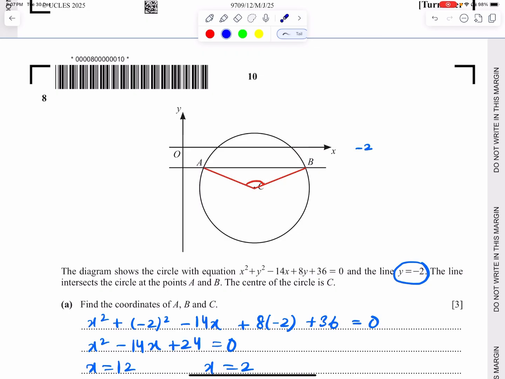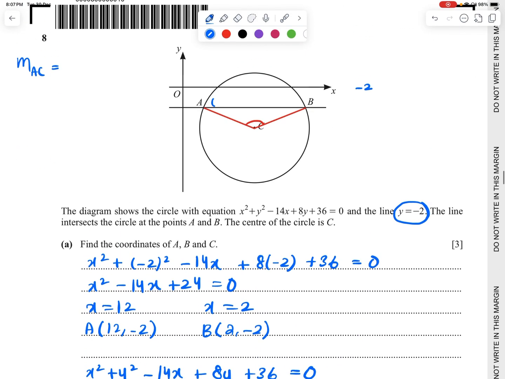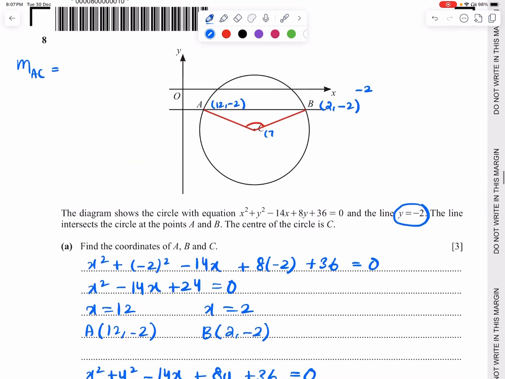There are multiple approaches that you will see mentioned in the mark scheme or elsewhere. But I find this to be the easiest, so I'm going to go with this approach. First of all, I'm going to figure out the gradient of AC. I'm going to do this working over here with the diagram so that it makes sense to you. M of AC. The coordinates of A are 12, comma negative 2. The coordinates of B are 2, comma negative 2. And the coordinates of C are 7, comma negative 4.